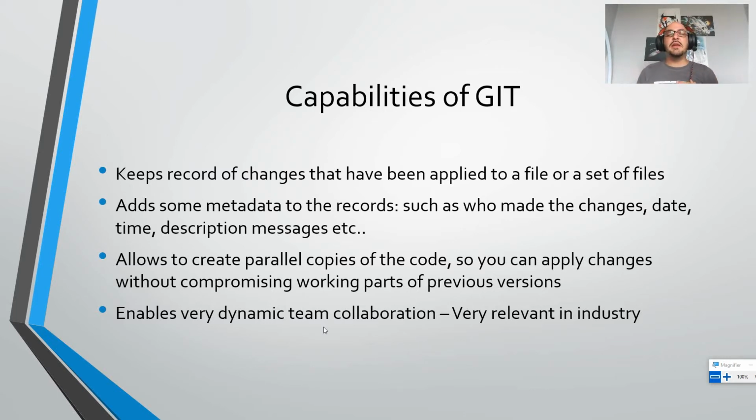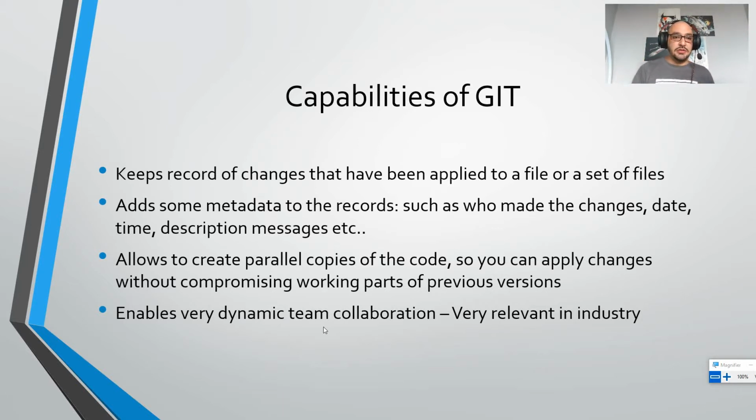It will tell me who the person was that applied the changes, when those changes were applied, with date and time, and some sort of description message that the author can include in the record. So if I add a new feature, I can include a message to say the new feature is this, this, and this, and it has been implemented in these files. So it helps you keep better track and better record of the changes that have been done.